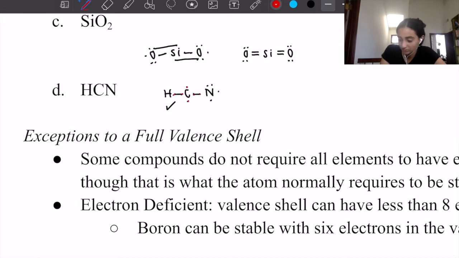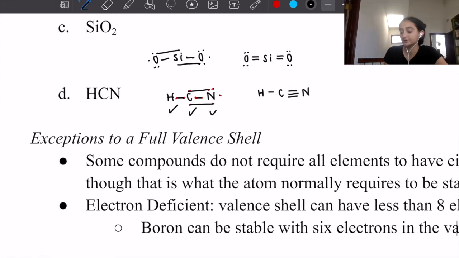It still needs 2 more. So we're going to bond it again with nitrogen. That will get it 7. And now nitrogen has 1, 2, 3, 4, 5, 6, 7. And then we're going to bond it one more time. So now both carbon and nitrogen have 8 electrons. So I'm going to redraw this. Hydrogen is bonded 1 time to carbon, and carbon is bonded 3 times to nitrogen.